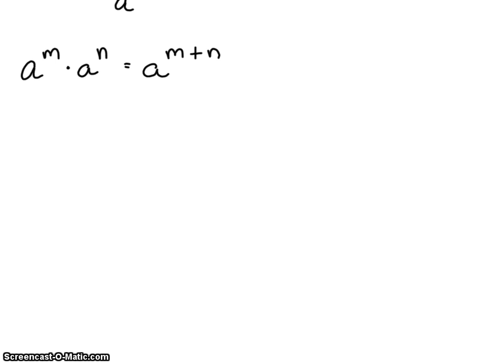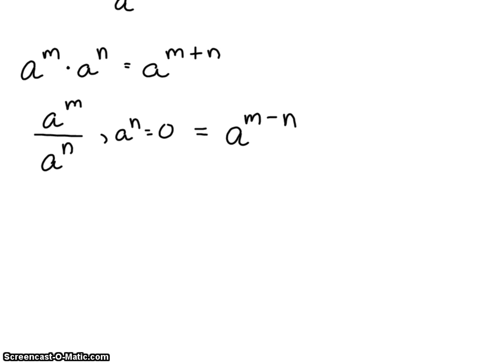A to the m divided by a to the n, where a is not equal to 0, is equivalent to a to the m minus n. So a quotient of powers, you subtract the exponents. That's called the quotient property.